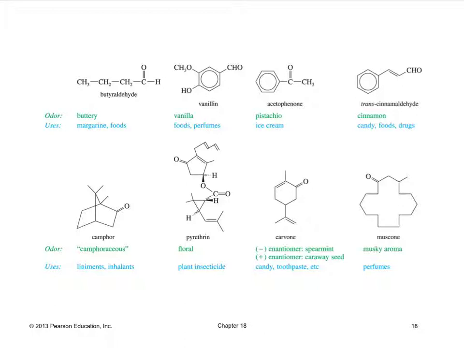Some examples of aldehydes and ketones in foods: butyraldehyde, vanillin, acetophenone, trans-cinnamaldehyde, camphor, pyrethrin, carvone, and muscone. They're used in all these different things.